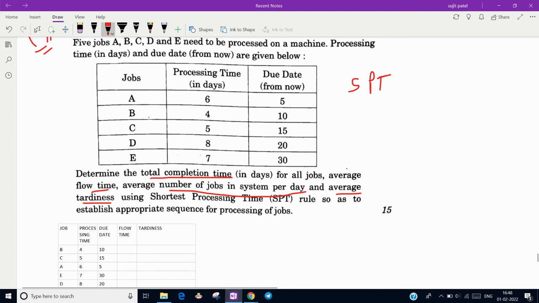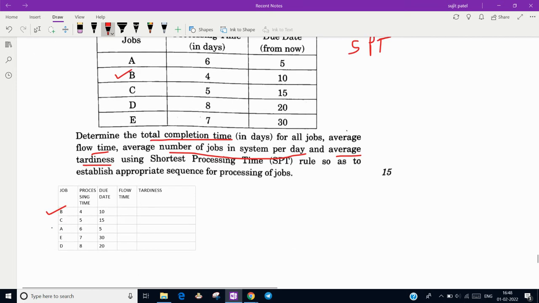So here from the table, B has the least processing time, so we will put B first, then C, A, E, D. Here we will write processing time and flow time. Whenever job B enters, it will come out in 4 days, so here it will be 4. Then job C: all the jobs come into the factory at the same time, at T equal to 0 days.